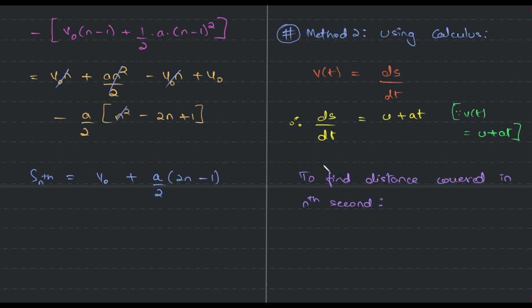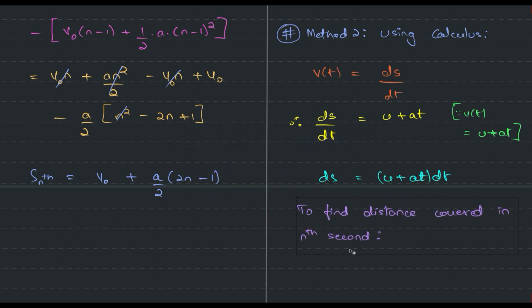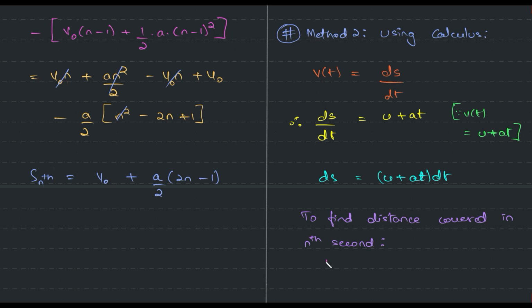Actually, we need to rearrange this first before writing this statement. So ds can also be written as u plus at dt. Now find the distance covered in n second. Yeah, now it makes sense.